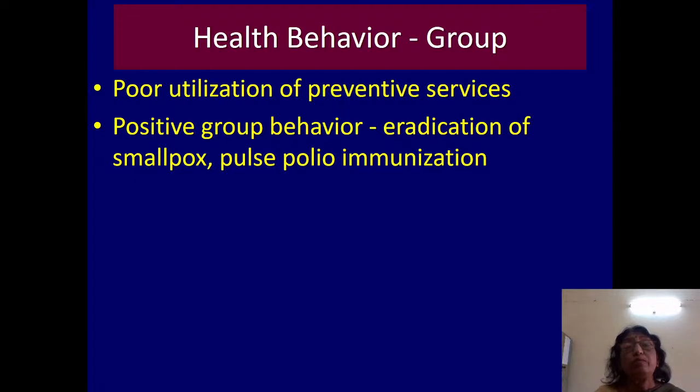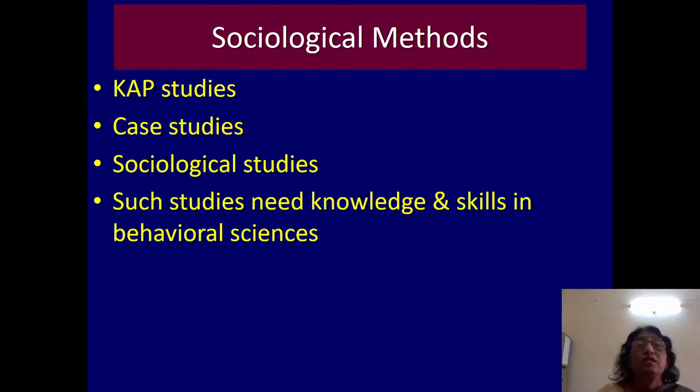And then the positive behavior. Because of the people's positive behavior, we could eradicate the dreadful disease smallpox, and we could eliminate polio from our country. Then the sociological methods.